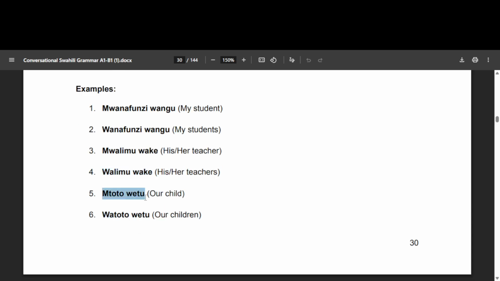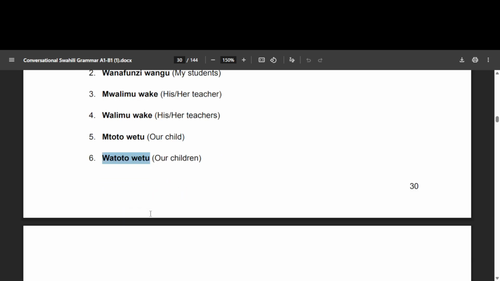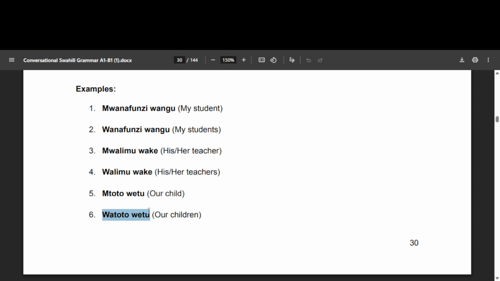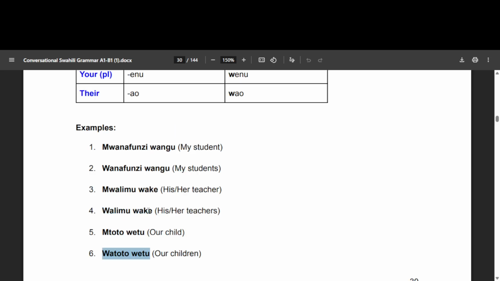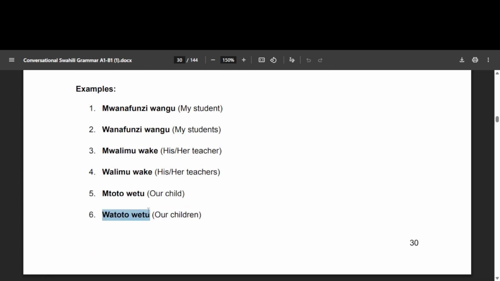Mtoto wetu, our child. Watoto wetu, our children. You can make your own examples using nouns from this M-wa class, like mtoto, mwalimu, mzee, and so on.